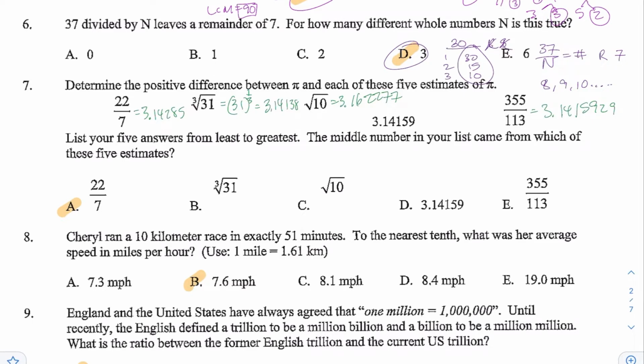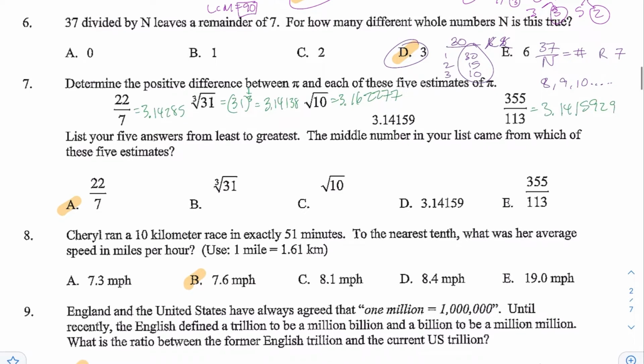So when you take 22 divided by 7 and subtract pi, for the first one you have 0.0012644.